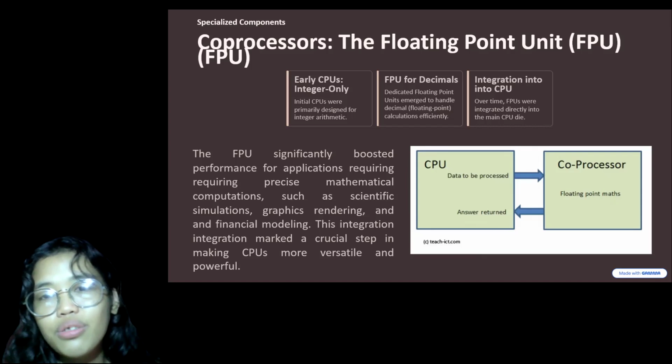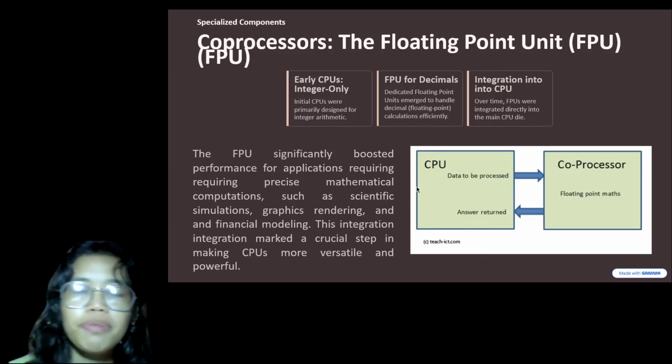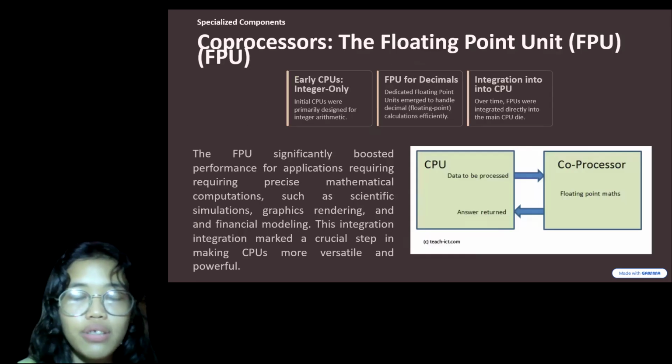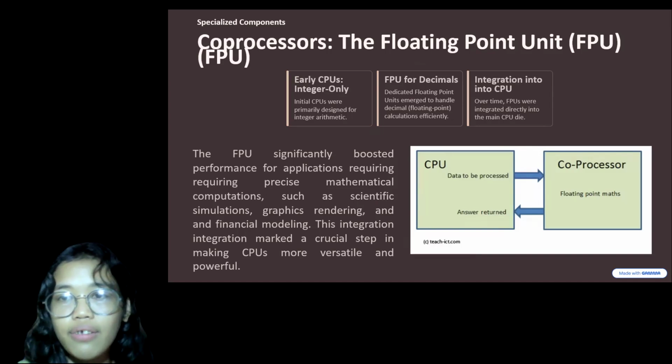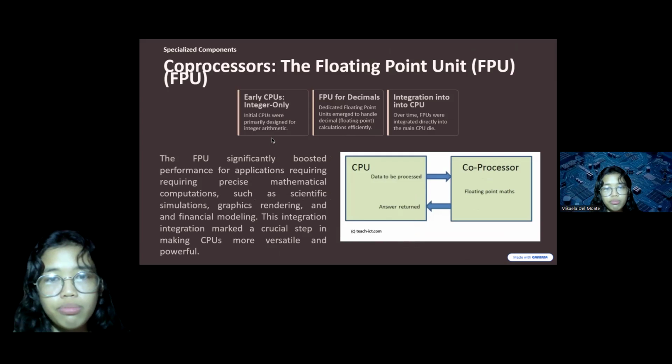Its integration directly into the main CPU chip significantly boosted performance for applications that require precise mathematical computations, graphic rendering, and financial modeling. This integration marked a crucial step in making the CPU more versatile and more powerful.